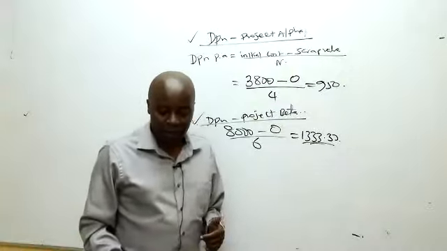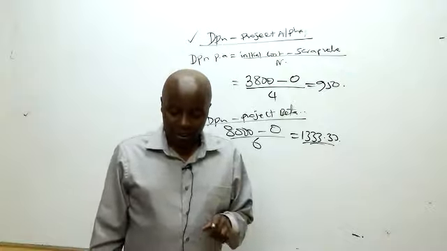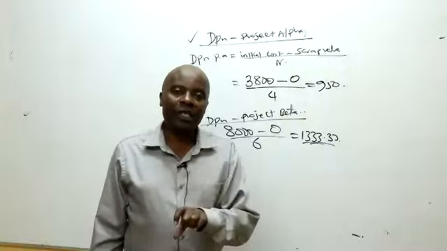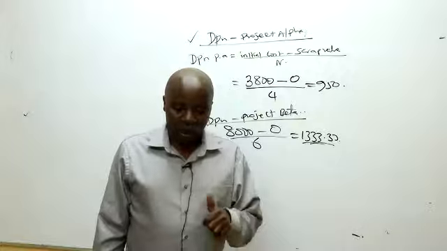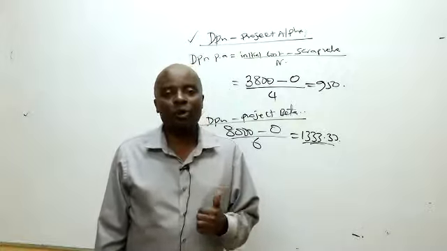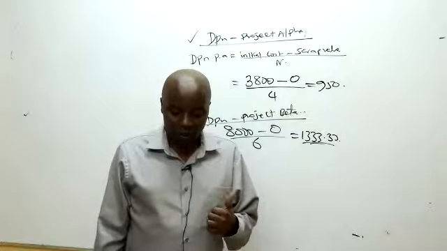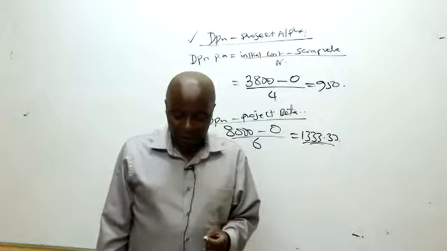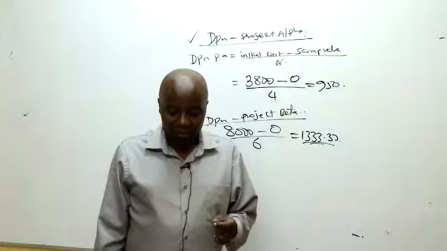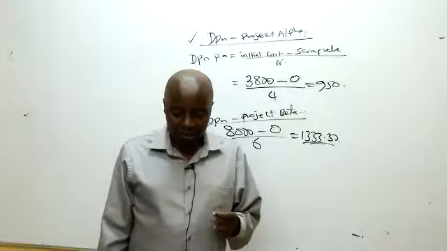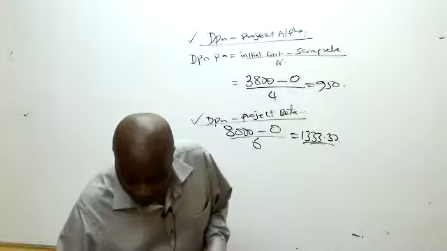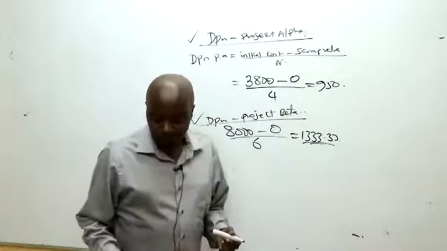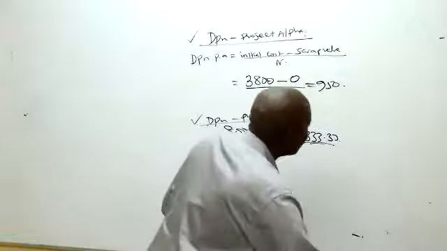Now, ladies and gentlemen, look at the question required using discounted payback period method. So the key thing there is discounted. And remember, we do not discount profit. We normally discount cash flows. So you can see there they have given us the project Alpha pre-tax cash flows.